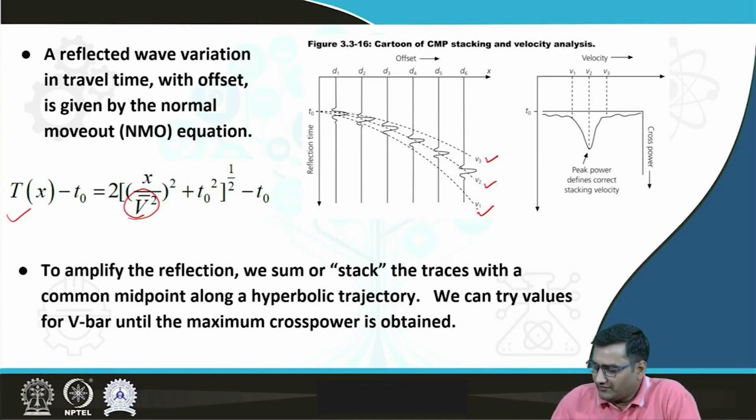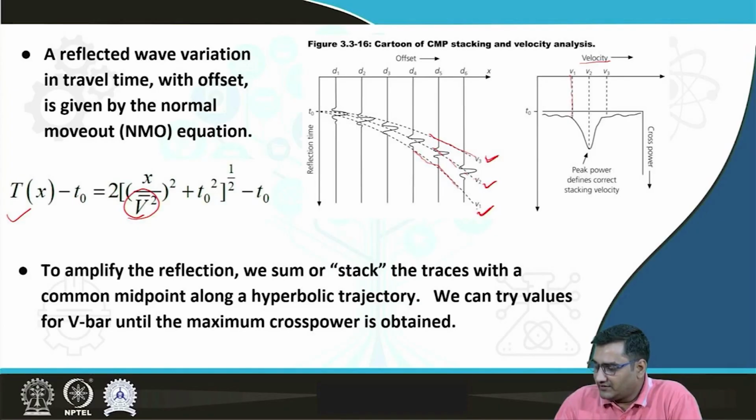So at v1 velocity, the reflection hyperbola may be something like this. At v2 it will be like this and at v3 it may be like this. So we need to choose a correct velocity in order to do our velocity analysis. At each velocity, we compute a cross power value and then plot it with respect to the velocities.